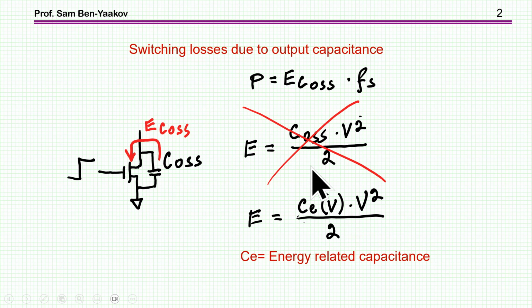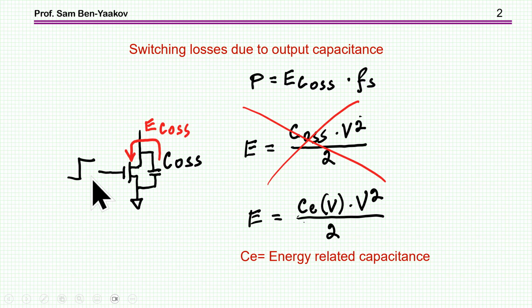Now, the simplistic way of estimating this energy by the classical equation of capacitance times V squared over 2 is incorrect in general because here we have a nonlinear capacitor and the capacitance is changing while the capacitor is being charged or discharged.